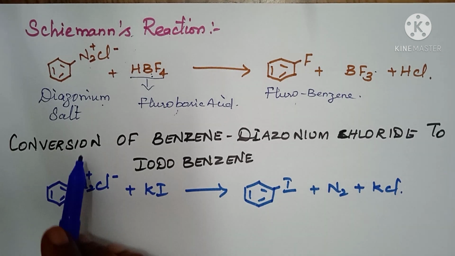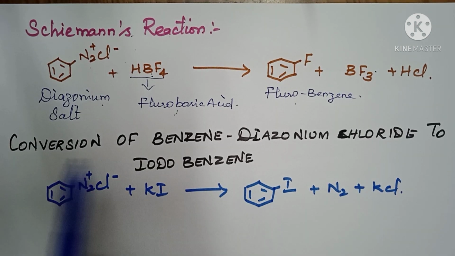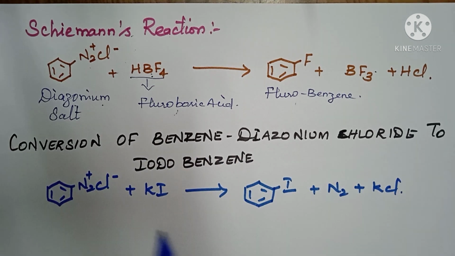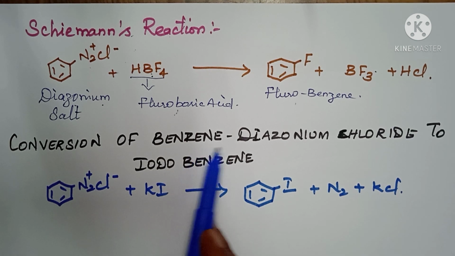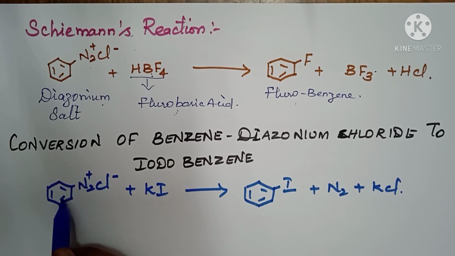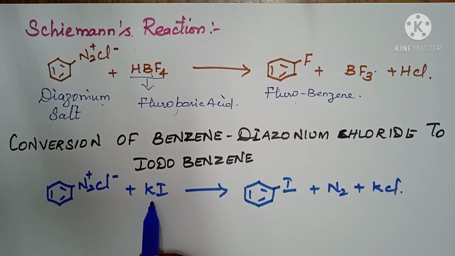Next one. See here, they have directly given the conversion of benzene diazonium chloride to iodobenzene. This is not a naming reaction. This is a question: how can we get iodobenzene from benzene diazonium chloride? Like that they may ask. Benzene diazonium chloride is combined with potassium iodide.